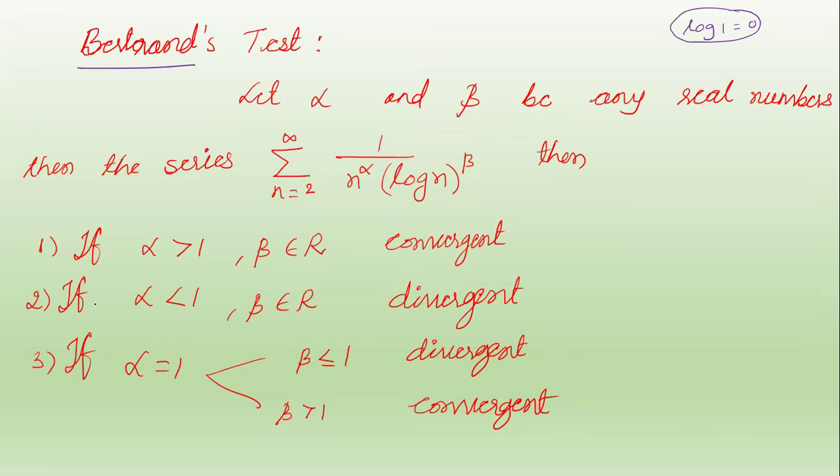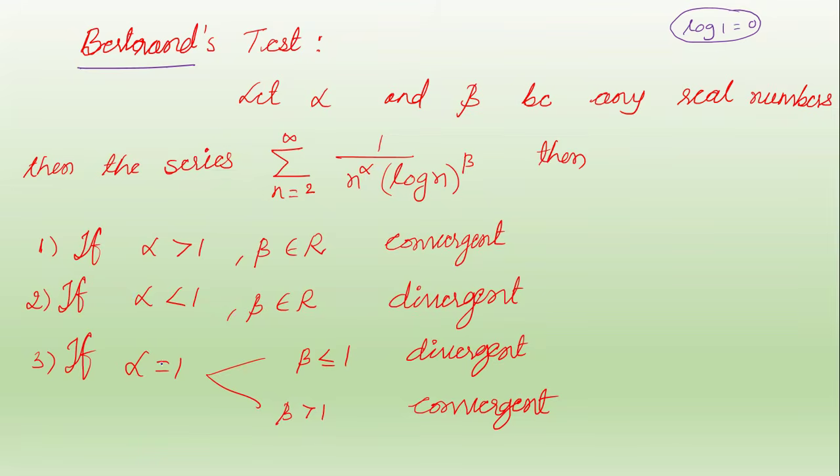Second condition, if alpha less than 1, with beta any real number belonging to R, the series is divergent. Third condition, if alpha is equal to 1 and beta less than or equal to 1, in this condition it is divergent.